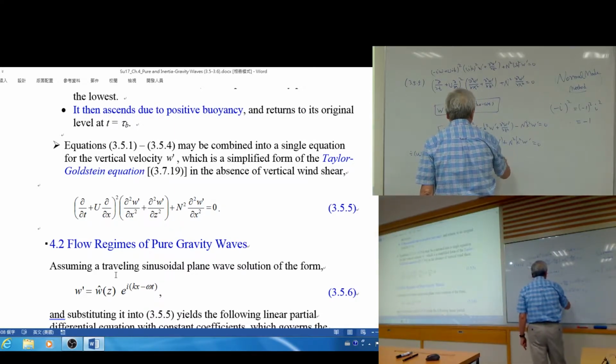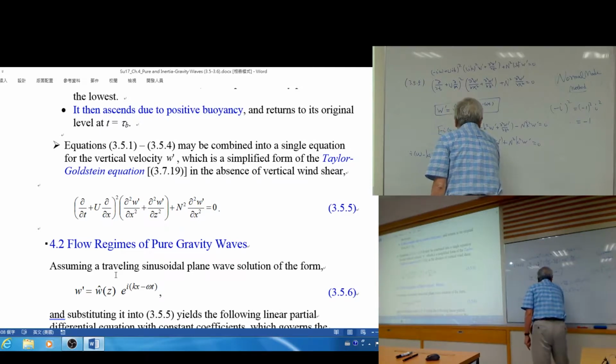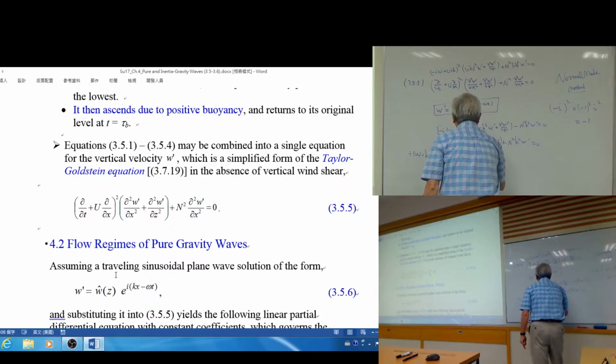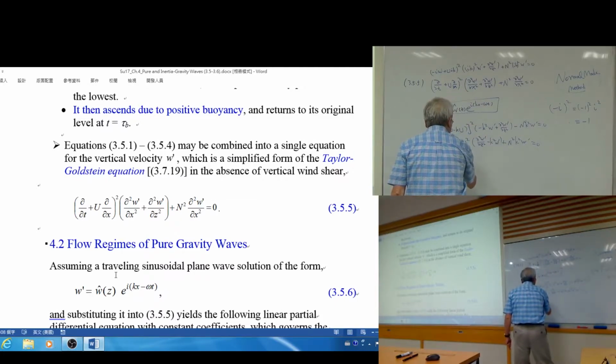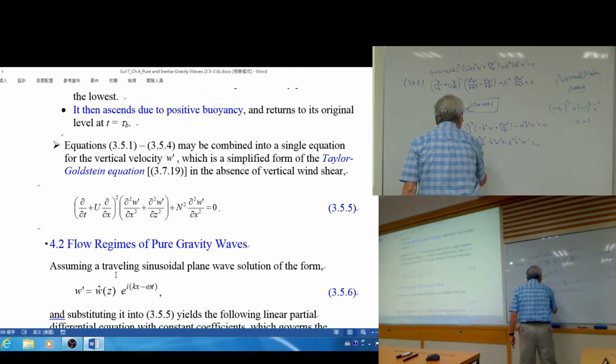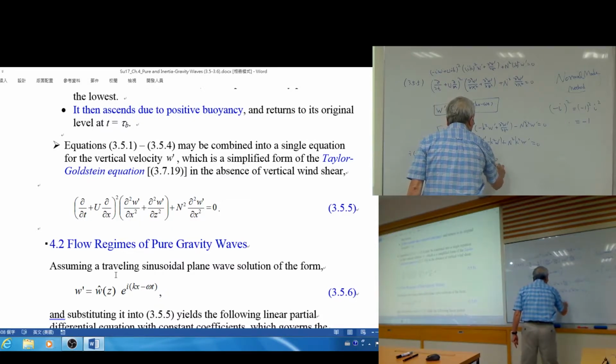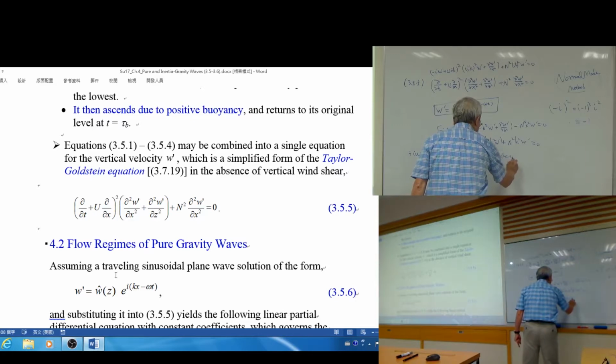And then, what should I do? I would probably write d squared w hat over dz squared, and then minus k squared w hat, and then e to the i(kx minus omega t).